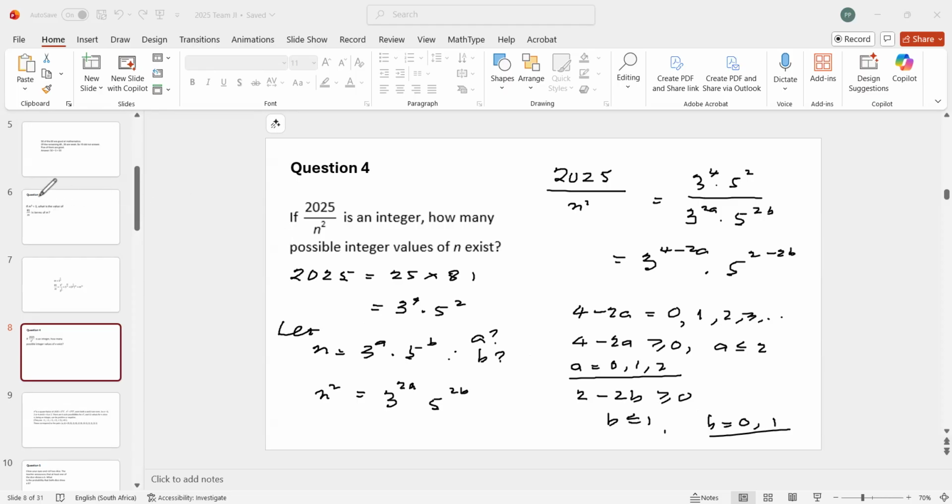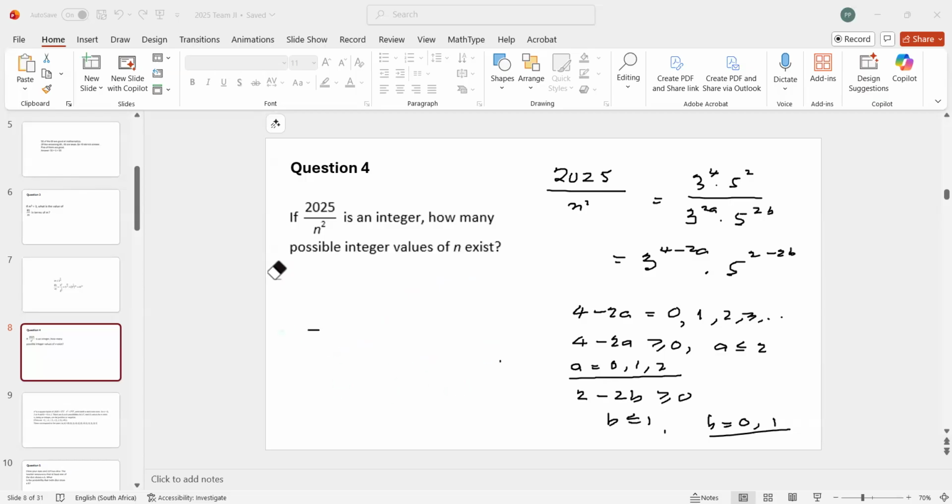So there are 3 possible values for a and 2 possible values for b, which means that for each choice of a, you've got 2 choices of b, and there are 3 choices for a, so therefore there are 6 possible pairs a and b.